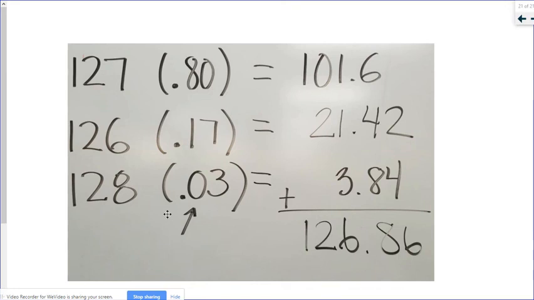And the problem with that is that it doesn't come between these. The other thing about this number is it should be closer to the value that you have more of. So we have the most 127. So this value should be closer to 127 than say 128 because we only had 3% of that. So those are good ways to double check your work and make sure that you're getting these right.